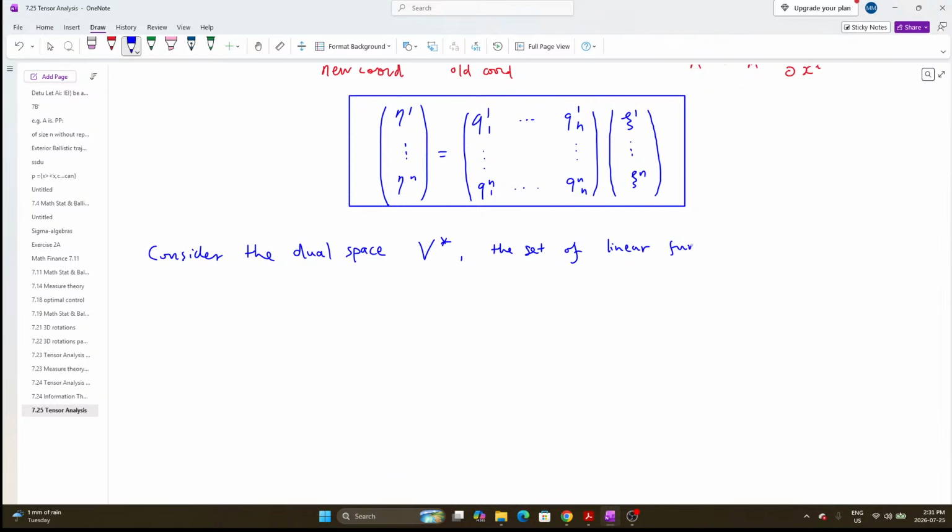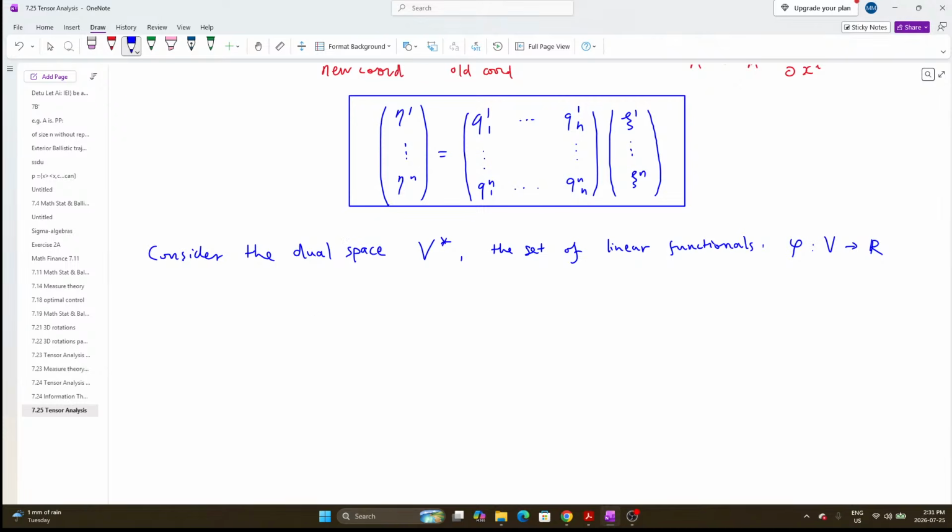The linear functionals are functions on V that take a real value, and are also linear. So phi is from V to big R. The set of all such linear functionals is called the dual space. Of course, here we're still dealing with finite dimensional vector spaces. For infinite dimensional vector spaces, there are other requirements for the dual space. So this is just a set of linear functionals.